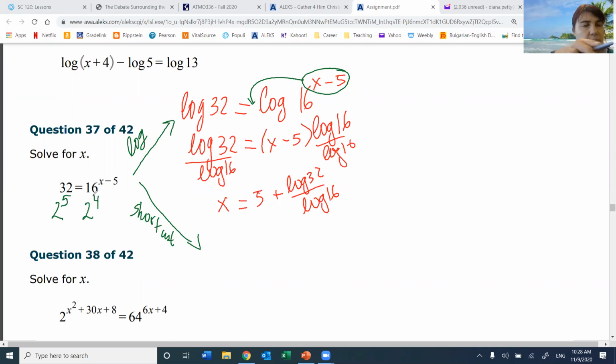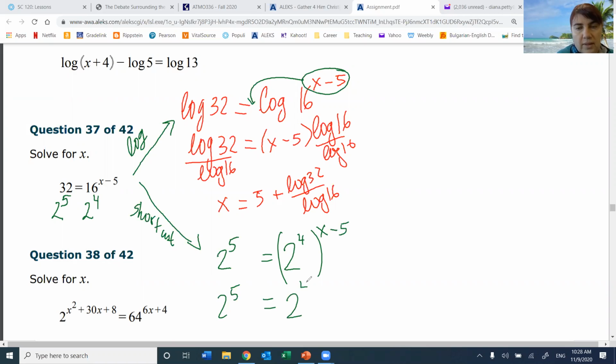So if you do this, the whole thing becomes 2 to the power of 5 equals 2 to the power of 4, the whole thing to the power of x minus 5, right? So 2 to the 5 equals 2 to the 4 times x minus 5.